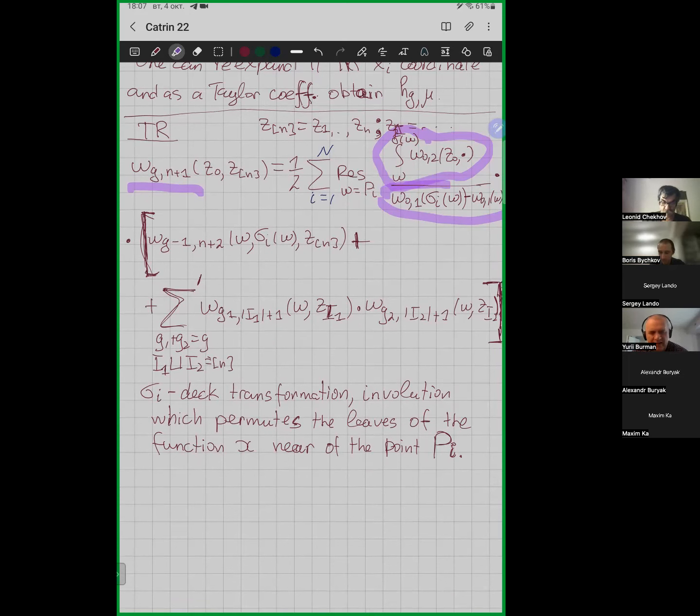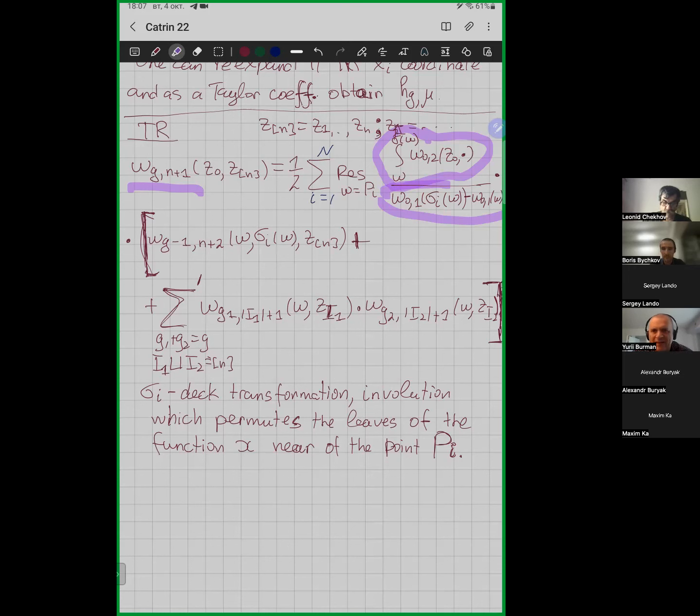Yes, but the problem is that this omega 0,2 has a pole on the diagonal, but you substitute in one argument z, and in the other argument you substitute sigma of z. And this omega 0,2 of z, sigma of z, has no poles on the diagonal. It extends to the diagonal perfectly.